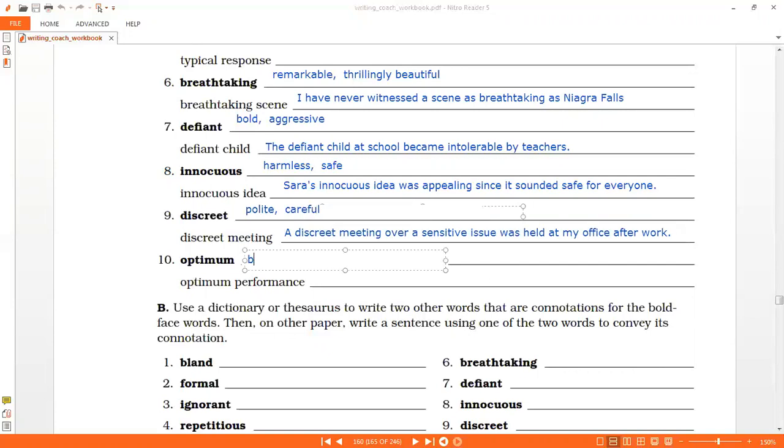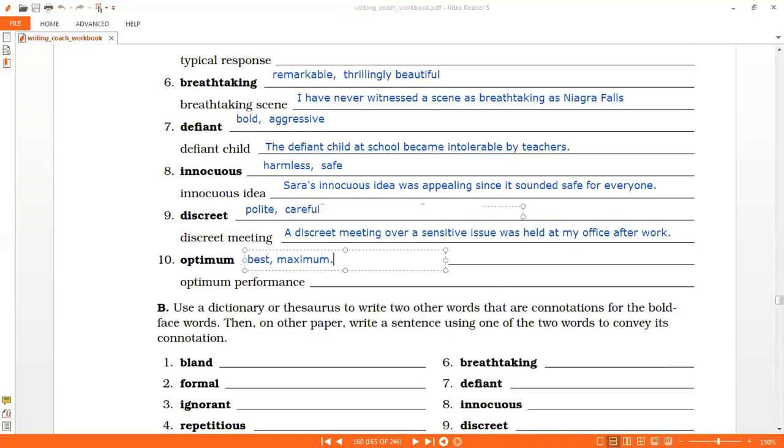Optimum is something best or maximum, something at its best or maximum capacity, something that is done in the best capacity.